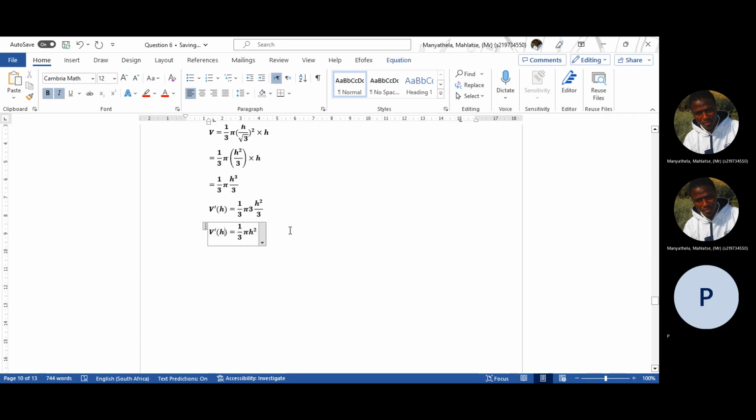Now let's replace H by 9. So 1 over 3 pi, 9 squared is equal to your answer, the answer that they're looking for, which is equal to 27 pi.